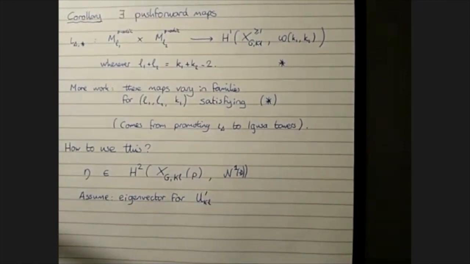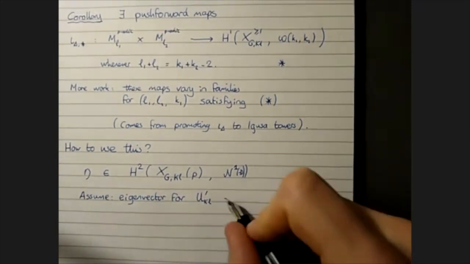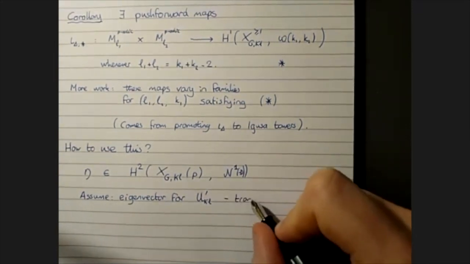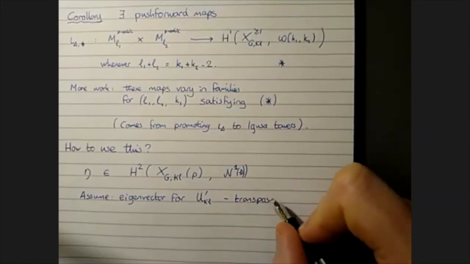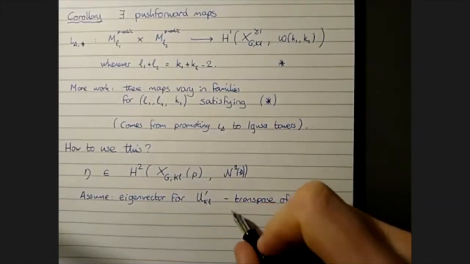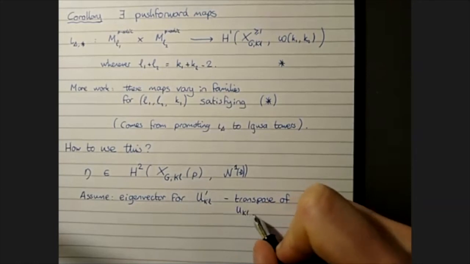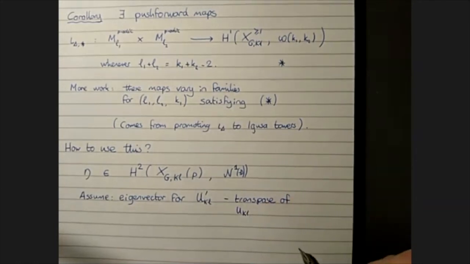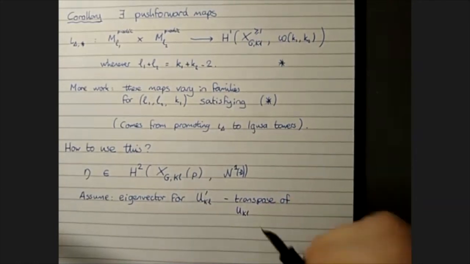So again, as we saw in Vincent's talk, you have these two commutative subalgebras of the parahoric level Hecke algebra, one that kind of contracts stuff and one that expands stuff. So this is the transpose of the Euclidean operator that we used to define the ordinary projector above.